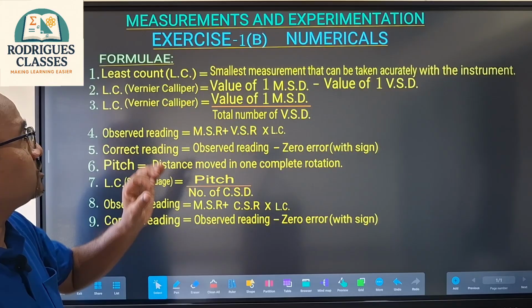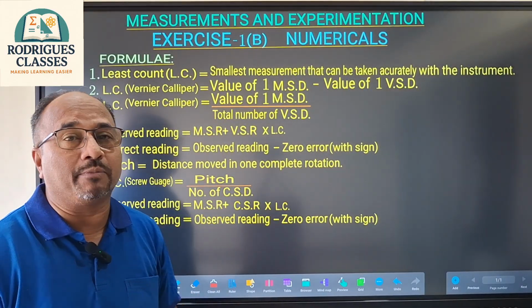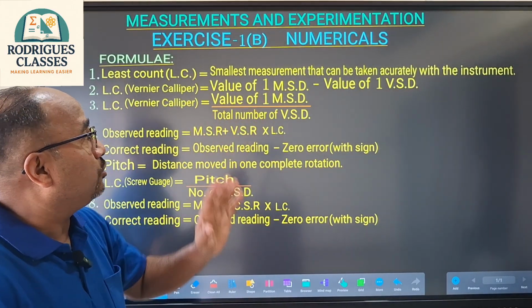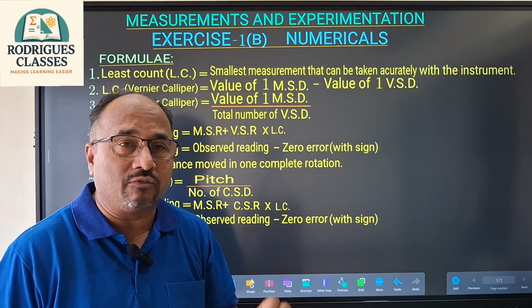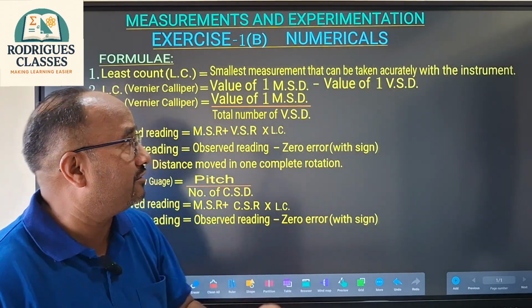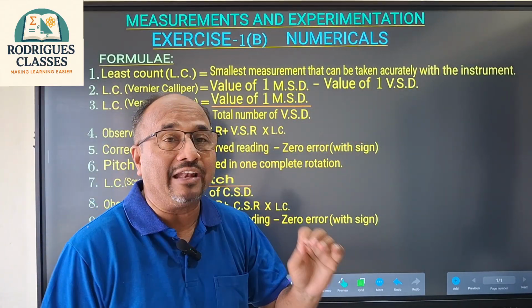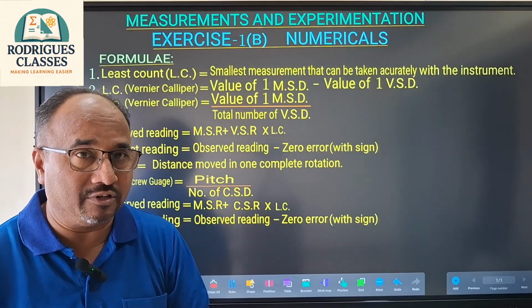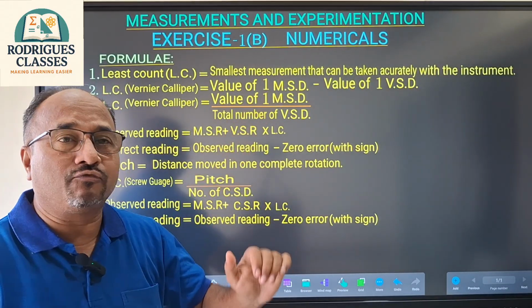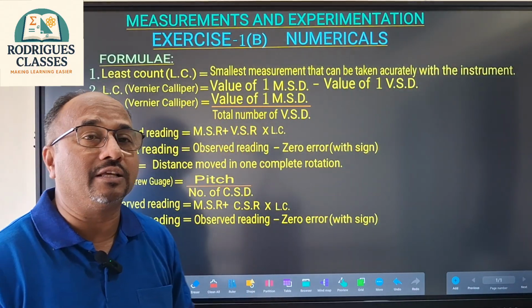Then we come to the least count of a vernier caliper. It will be the value of one main scale division minus the value of one vernier scale division. This is the first formula whereby we can find the least count.